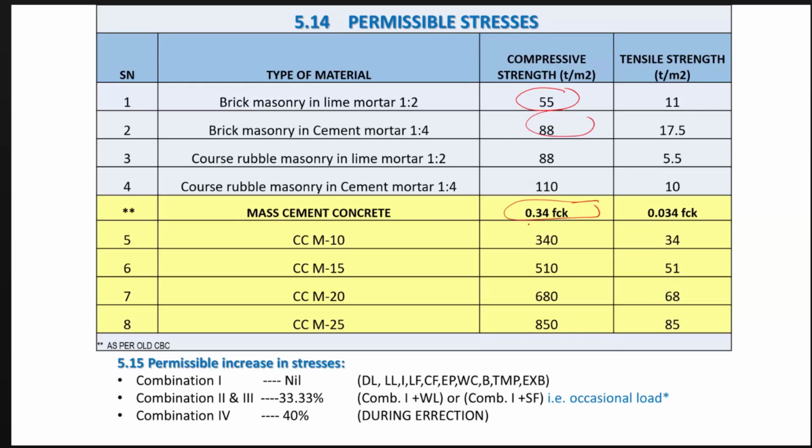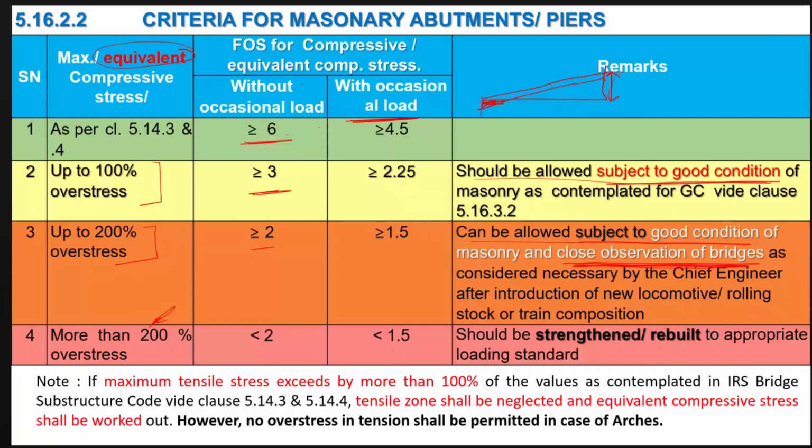Based on that, the maximum compression is 0.34 fck, and the maximum working stress in tensile strength is 0.034 fck. Based on that, the M10 value can also be calculated. So this is the permissible stress combination. In case of occasional load combination, the factor of safety is shown in this table like this.